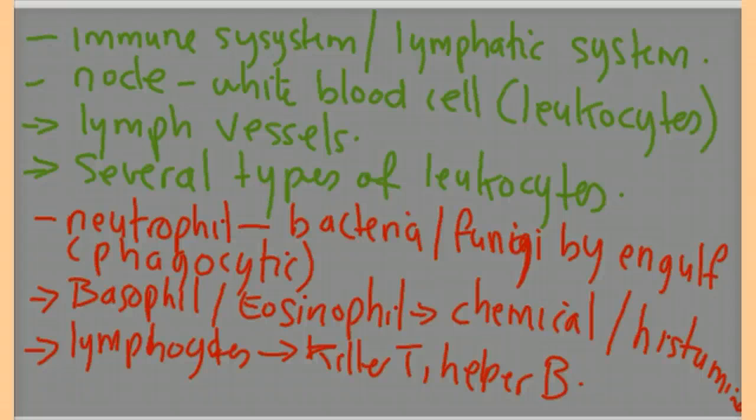I should never make that mistake. They release antibodies, and the antibody detects the antigen on the microorganism or the pathogen. And once that detection is made, the killer T cell steps in and gets rid of them or kills those cells. And then we have the monocytes.